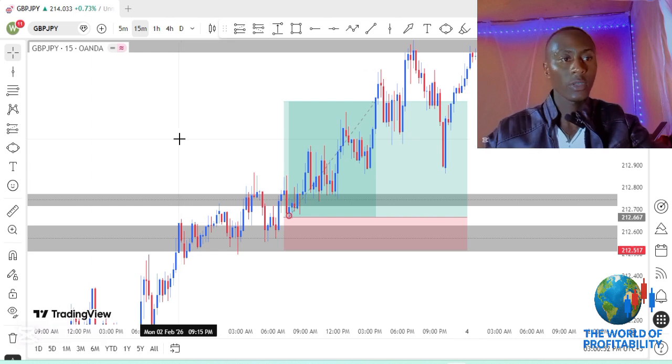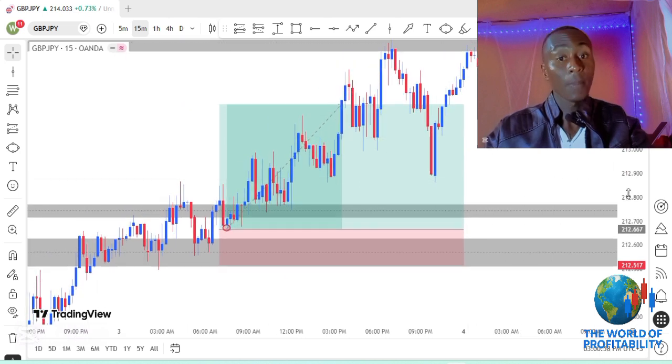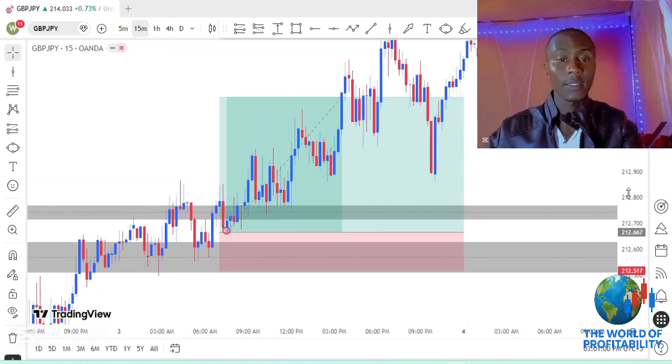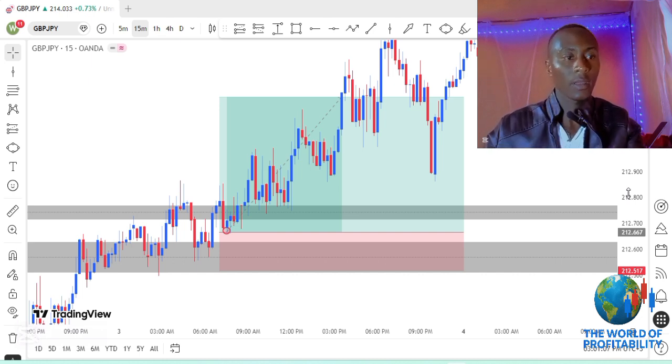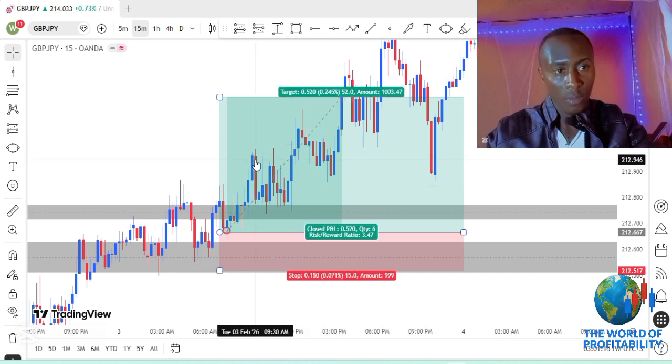Basically, spreads. As you can see from my TradingView, this trade ran very well and went to take profit. That means our system generated that profit, but because of spreads, the trade was not executed in our MT5.